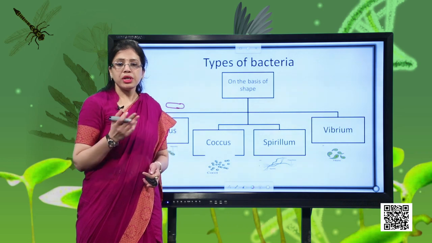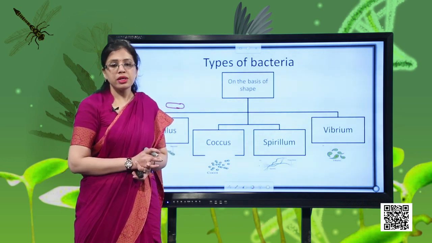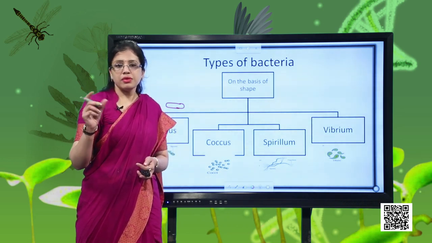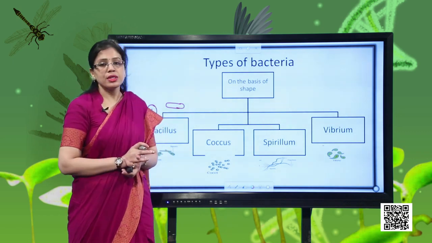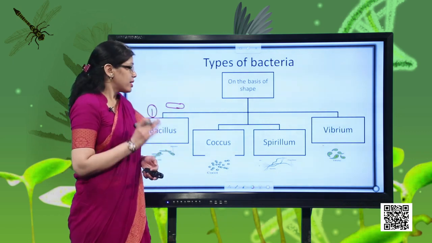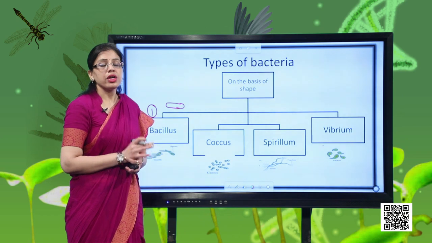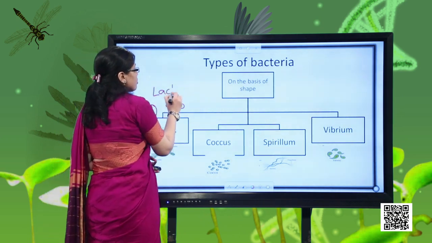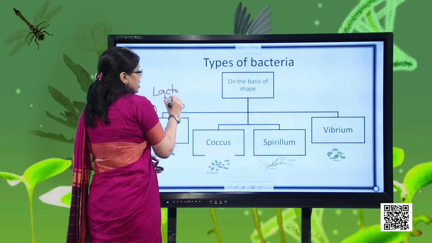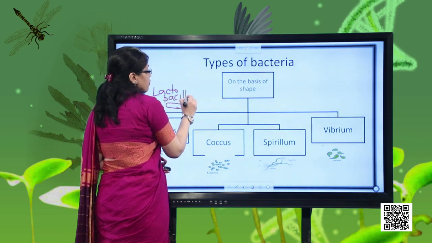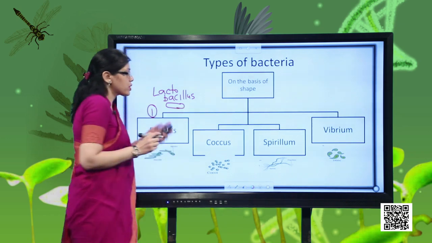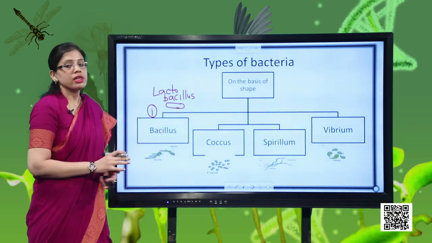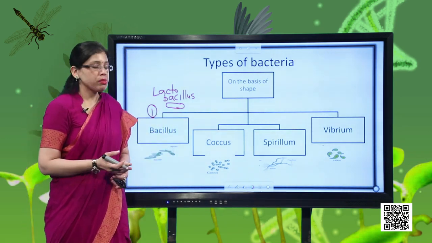I hope all of you remember the name of the bacteria found in curd, and at the end of the name of that bacteria the word bacillus is used. So it is understood that that particular bacteria has a rod shaped structure, and the name of that bacteria is lactobacillus. So I think it will be very easy for you to learn the example of this particular type of bacteria, because you are already familiar with the example.